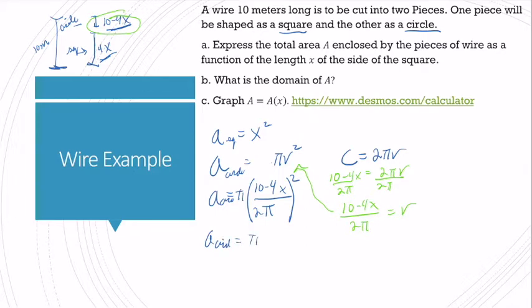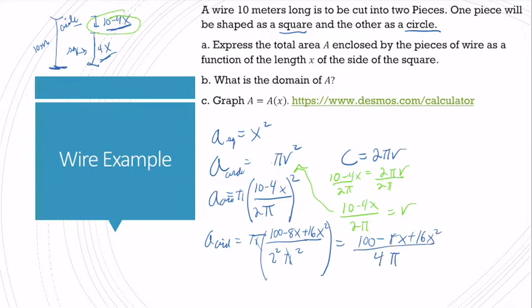So my area of my circle is pi times my denominator squared, so that's going to be 2 squared pi squared, and then the top I have to FOIL out, so that's going to become 100 minus 80x plus 16x squared. So one of these pi's is going to cancel, so I'm left with (100 minus 80x plus 16x squared) over 4 pi.